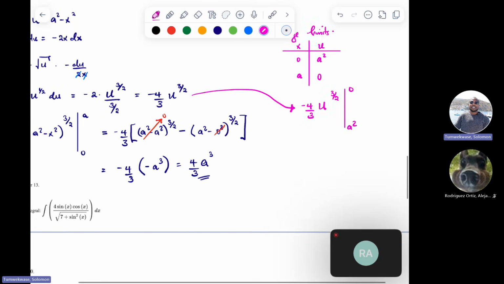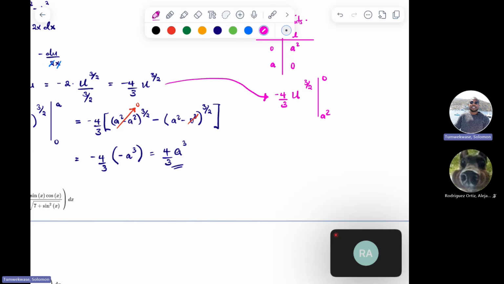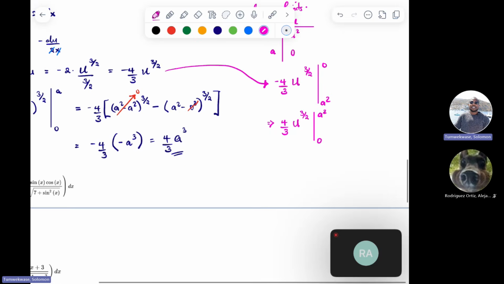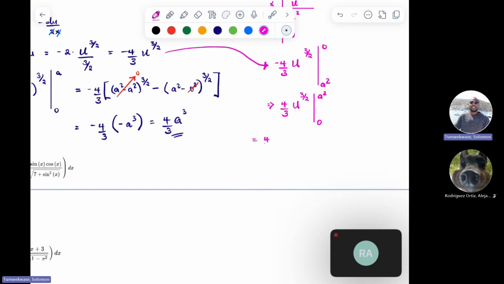So alternatively, you can say this is positive 4 over 3, then u to the power 3 over 2. But when I do that, my limits will be from 0 to a squared. If you do this and you do this, you should end up with the same answer. Okay, so this is 4 over 3.